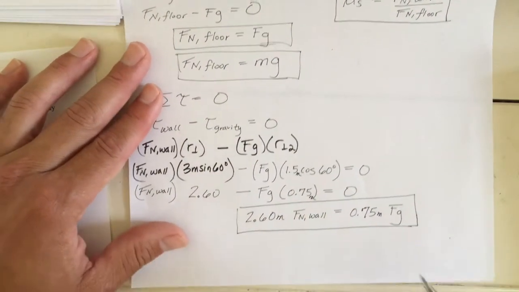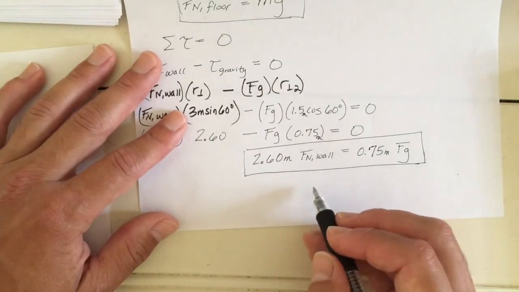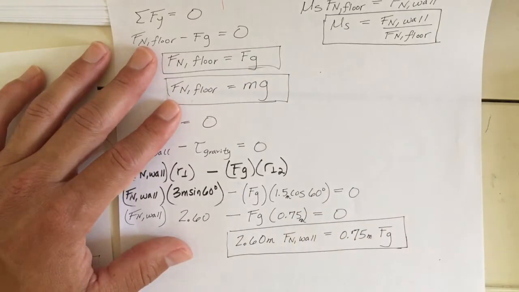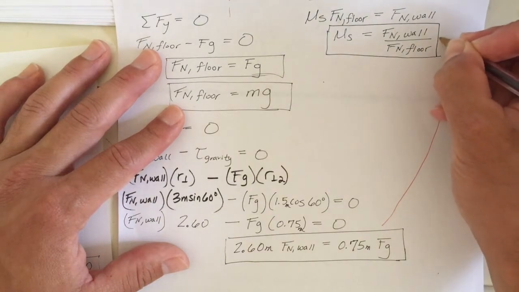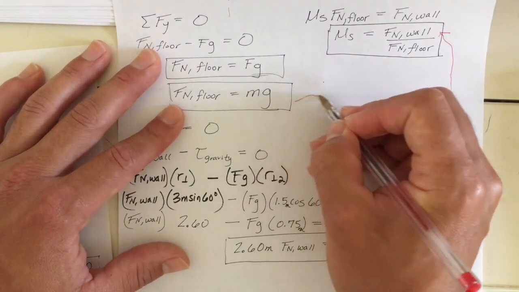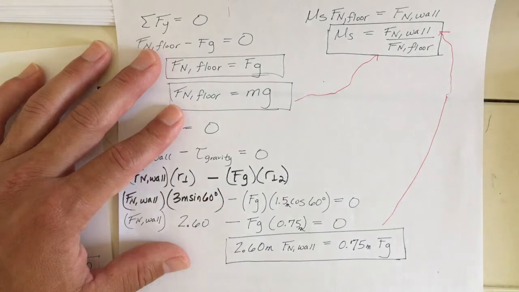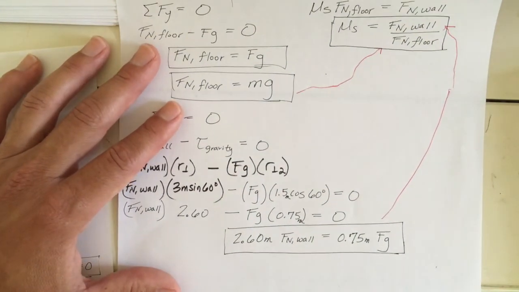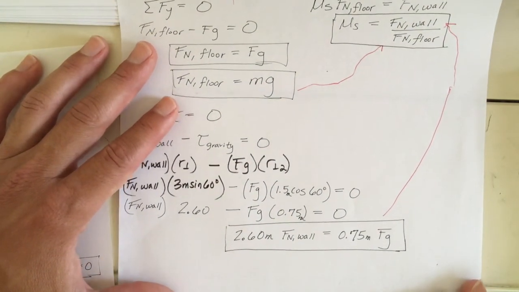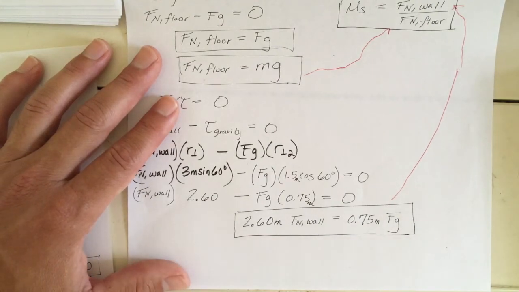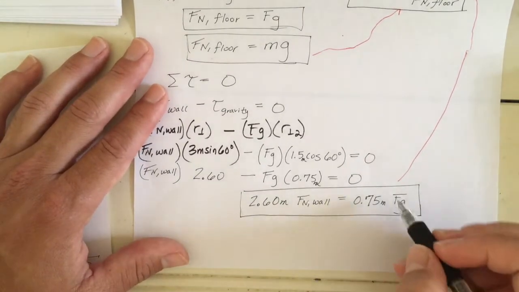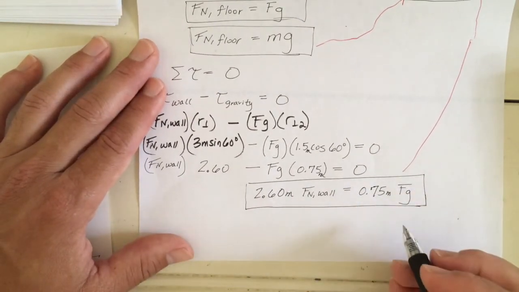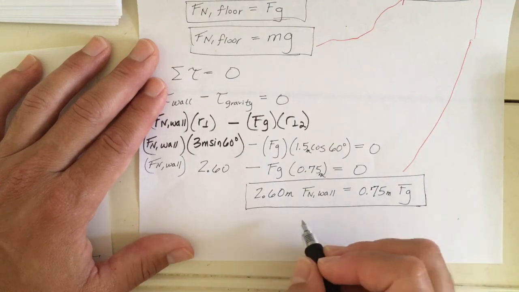Are you seeing it? Let's simplify this for force normal wall. We're going to get something for wall to sub in here, and something for floor to sub in here, and they're both going to be in terms of FG or mg. That's interesting. We'll turn it into mg, and then I think it might look a little better.